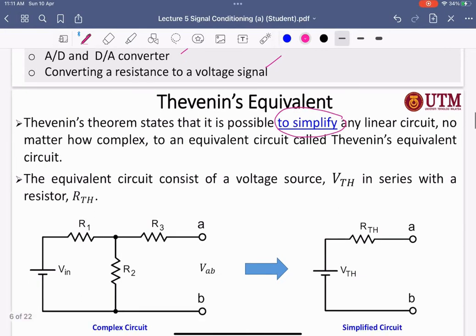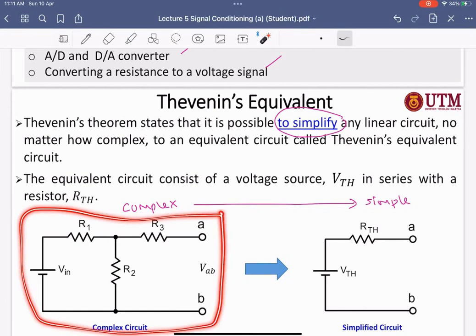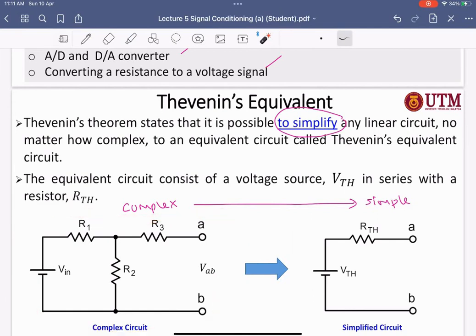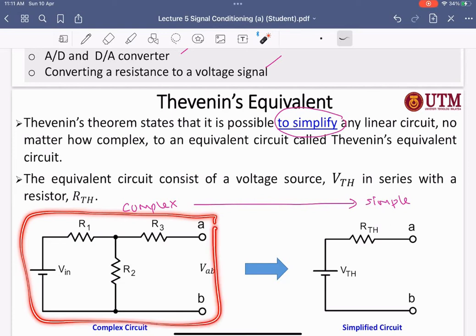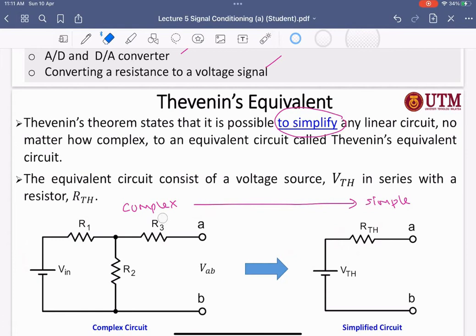You can simplify it to be a simple circuit, an equivalent circuit which only needs one resistor and one power source. So this one needs three resistors and one power source. When you use the Thevenin circuit, you only have two components.